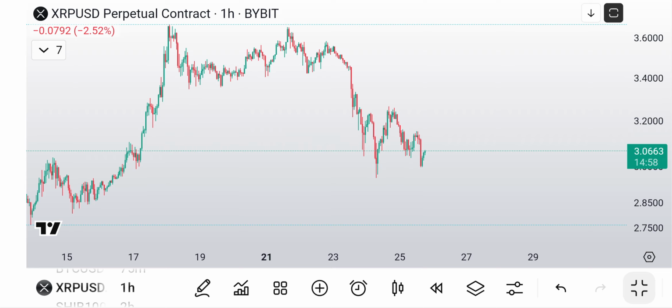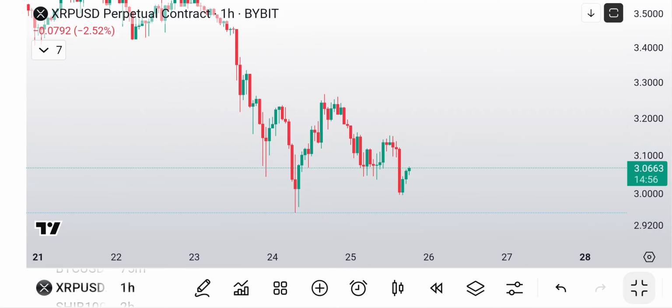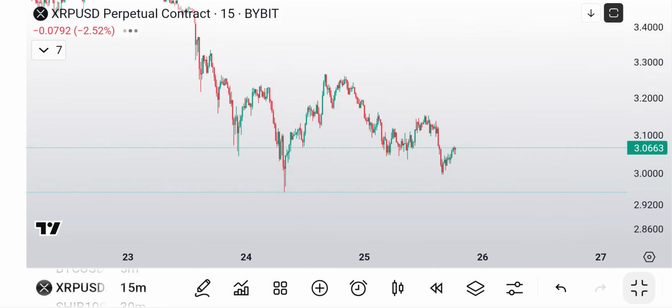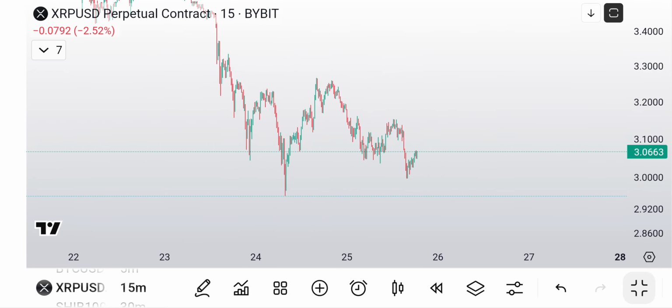So going back to XRP, we're getting a little bit of a pump here. If we look at smaller time frames, you really have this 5-wave move here. So it could be a truncated wave, right?